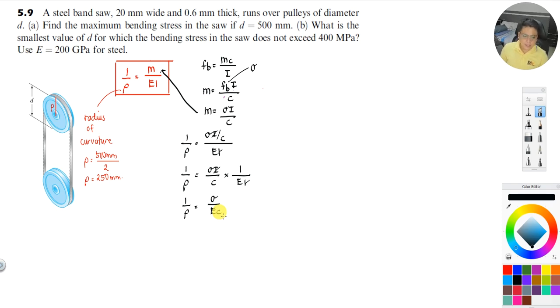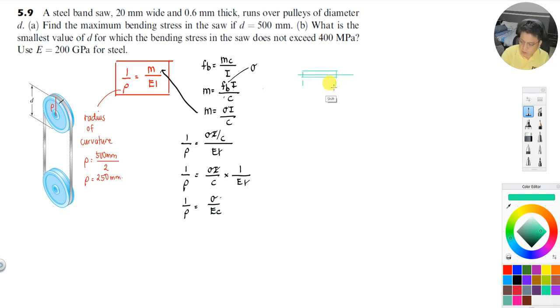Now, ang tinatanong is find the maximum bending stress. So, meron tayong rho, meron tayong E, binigay naman. Ano yung C? Ngayon yung C, ganito po. Kapag kinat ko to, ayan yung saw, tapos ito yung neutral axis mo.